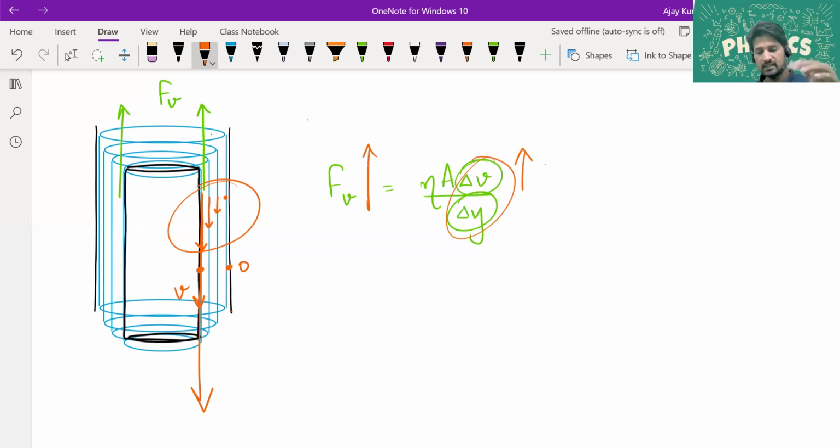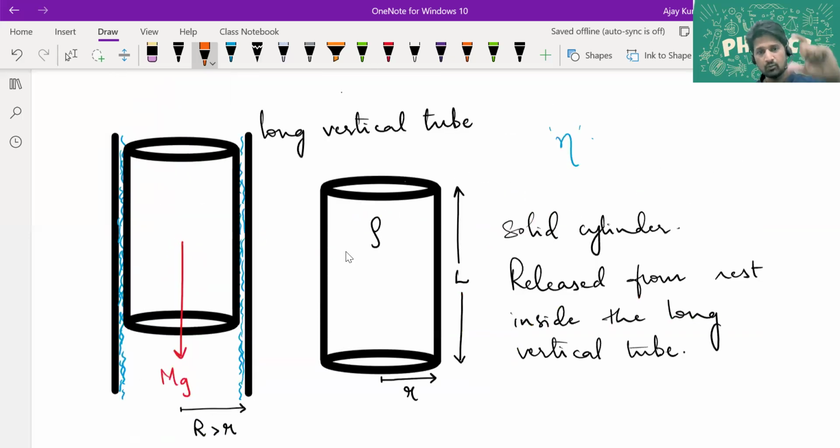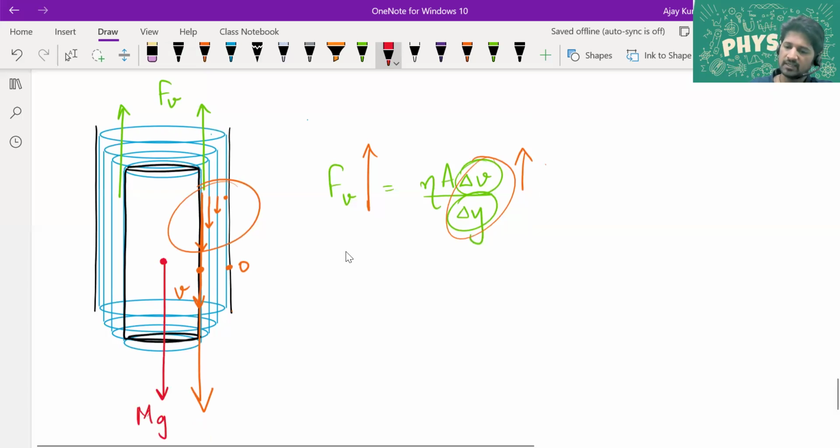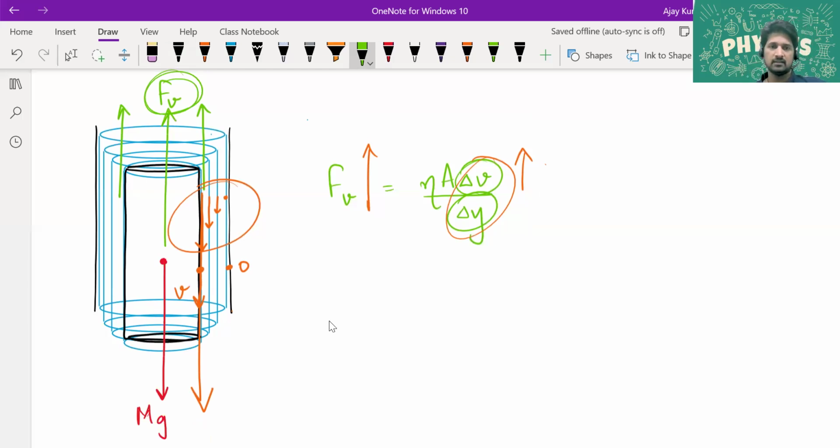Then, as the cylinder continues falling down, at some time it will so happen that the weight of the cylinder, mg, is exactly balanced by the viscous force acting on it in the upward direction. That situation will definitely arise, because initially weight is dominating, so it will gain speed in the downward direction.